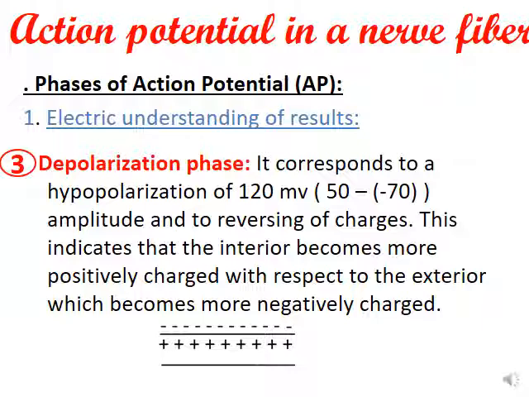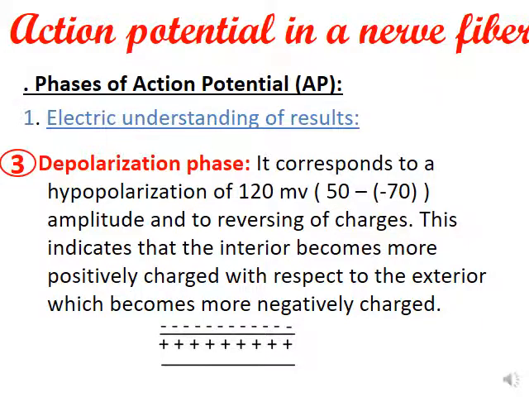It was minus 70, it moves to about plus 50. So minus 70 to plus 50 is 120 millivolt. This means that the interior becomes more positively charged with respect to the exterior, which becomes more negative. That's why we have depolarization.